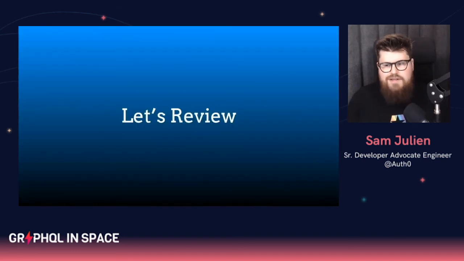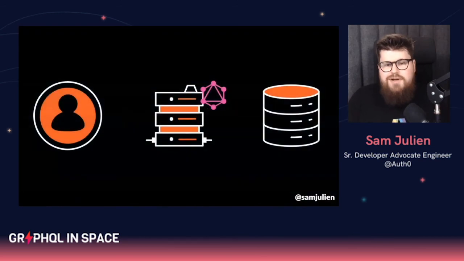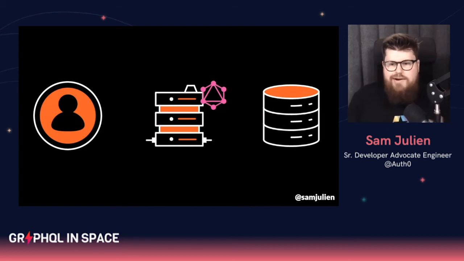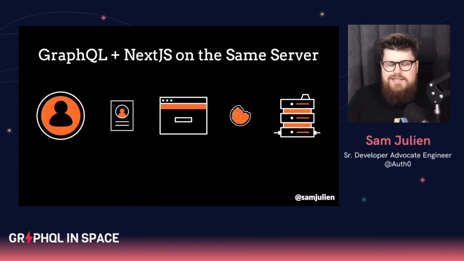Okay, I've hit you with a lot here, so let's just do a quick review. We talked about how for the user, the GraphQL server is really just an intermediary, a layer over the database. And in a simple scenario where we have the server and the front end on the same server, we might be able to get away with just using a cookie and a session and everything's fine.